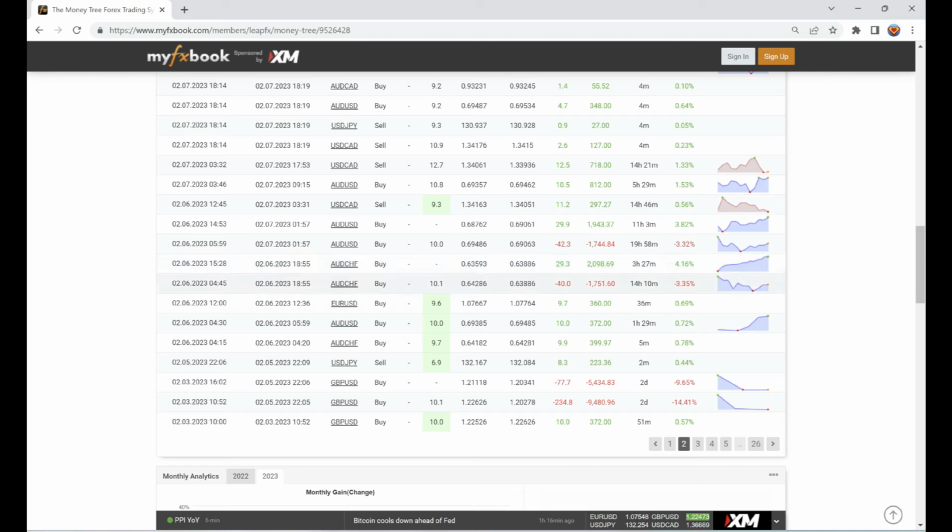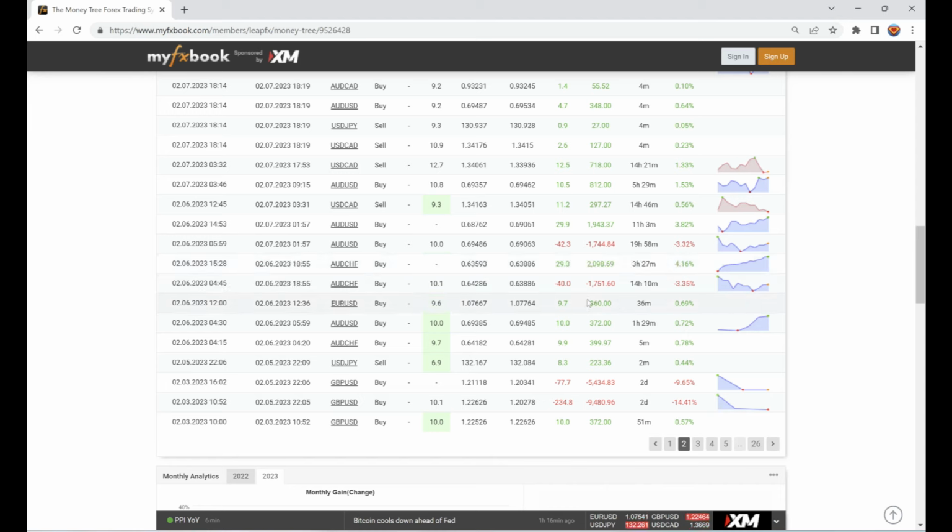Look, you can see this one here, 4:45 in the morning, and then 3:30, 10 hours later, it's opened another one, and that seems to be a familiar pattern here. You can see these two closed at exactly the same time.